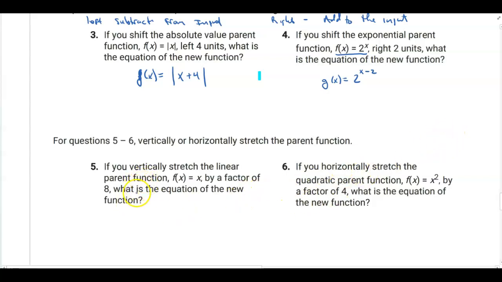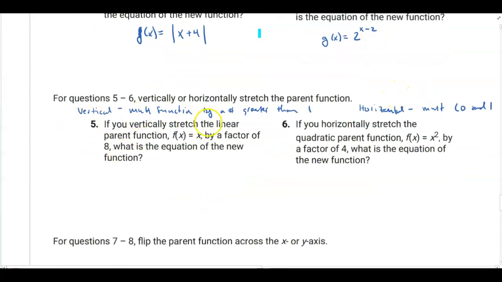Now, the next one, a vertical or a horizontal stretch. For a vertical stretch, you're going to multiply the function by a number greater than 1. When you do a horizontal stretch, you're going to multiply by a number between 0 and 1.